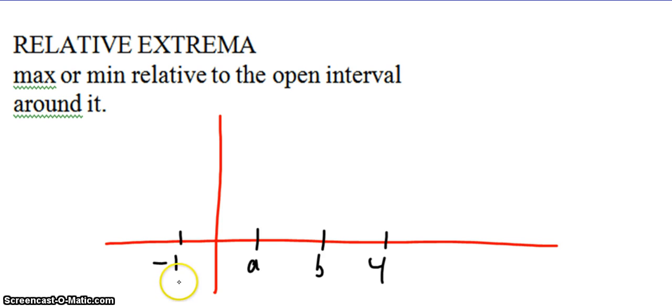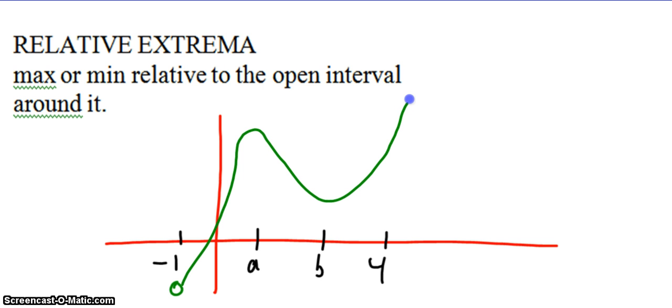And let's say we've got something like this. So I would have, in this case, a critical value at A and B.